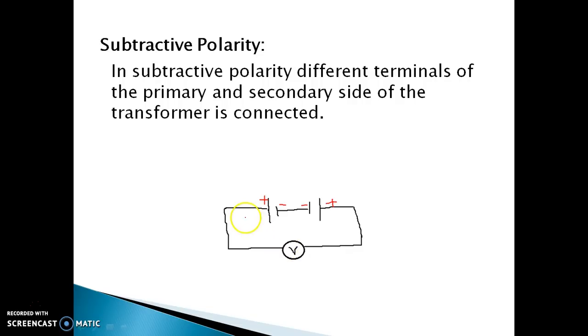Here again the current flows from the positive terminal of the battery to the negative terminal of the battery. But as they are connected in opposite fashion, the voltmeter reads the subtraction of these voltage sources. Consider the voltage source V1 having the value 5 volt and the second voltage source having the value 5 volt. Then the voltmeter reads V1 minus V2, that is equal to 0 volt. So this circuit has the subtractive polarity.